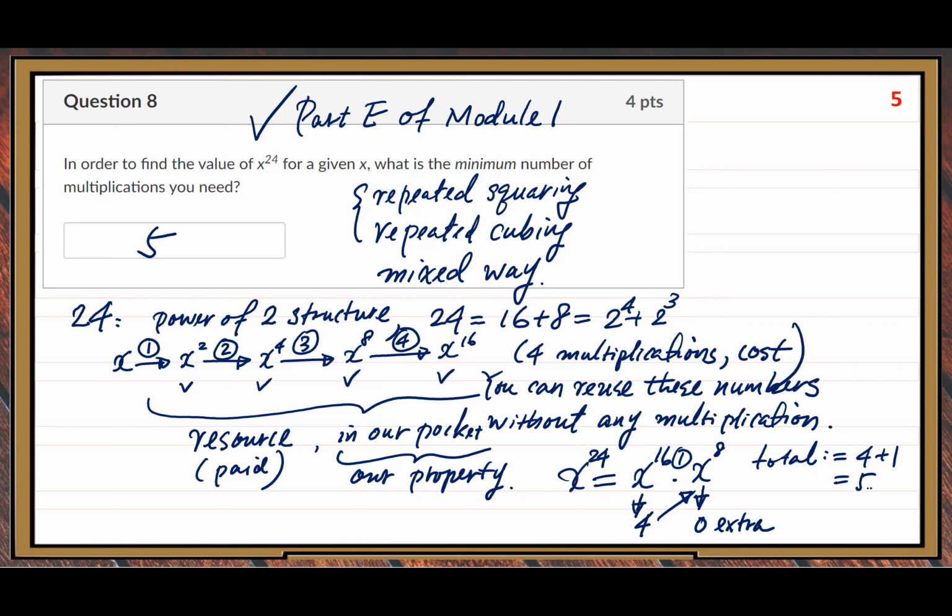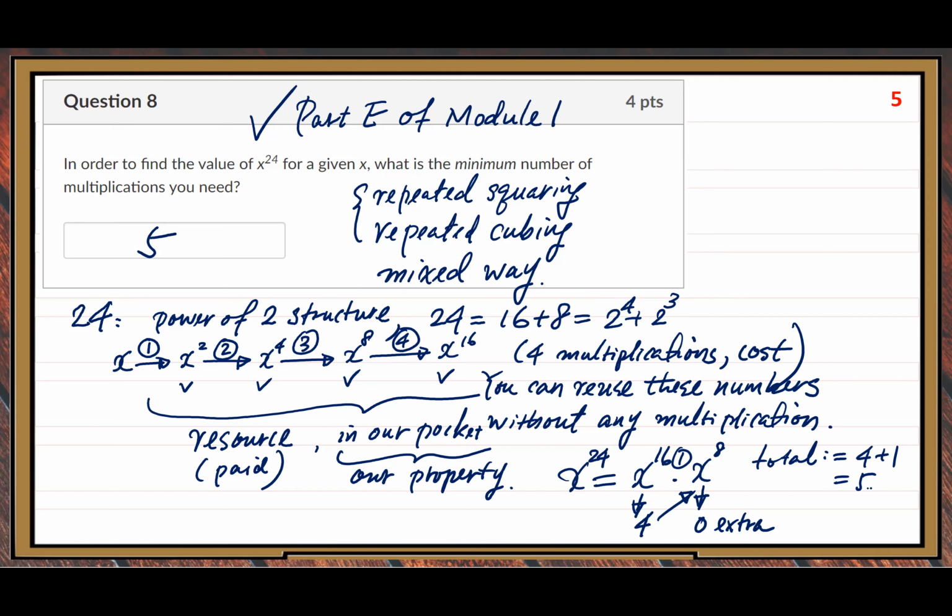This way is slightly different from repeated squaring, although the main part is repeated squaring, if we look at our definition of repeated squaring. But that's not important. We just want to find the best answer.